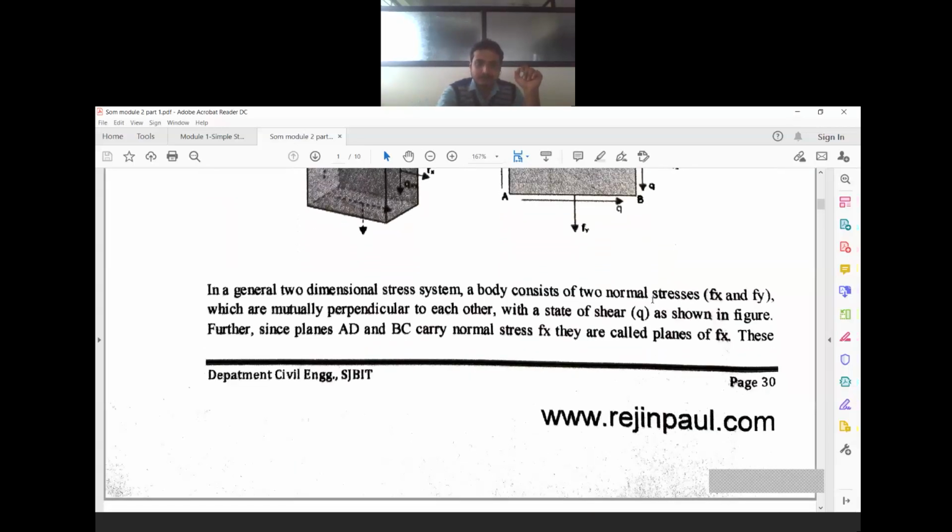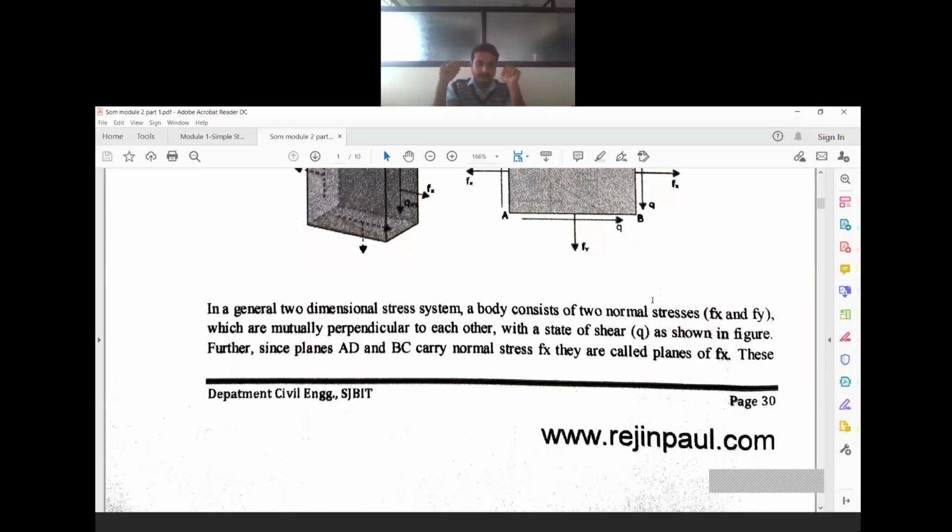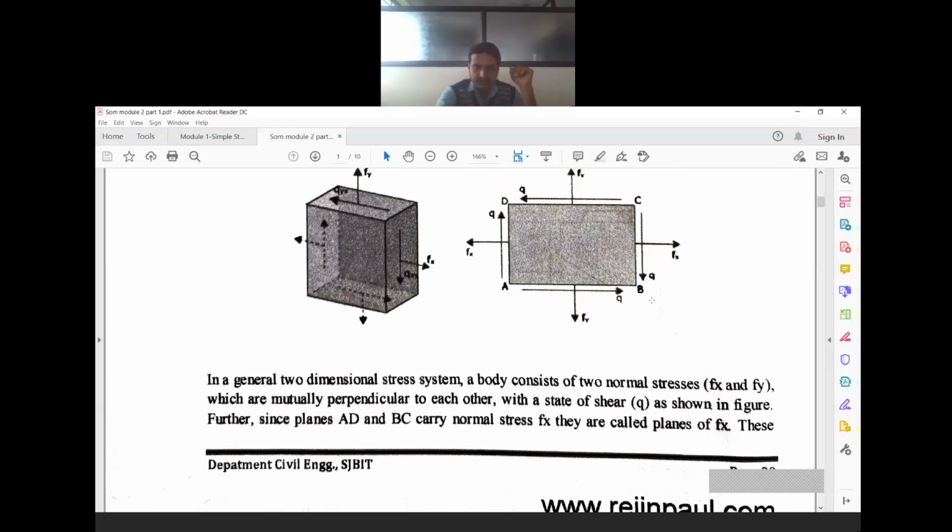Now, in a general two-dimensional stress system, a body consists of two normal stresses, Fx and Fy, which are perpendicular to each other, with a state of shear as shown in the figure. In the figure you can observe Q, which are shear forces.